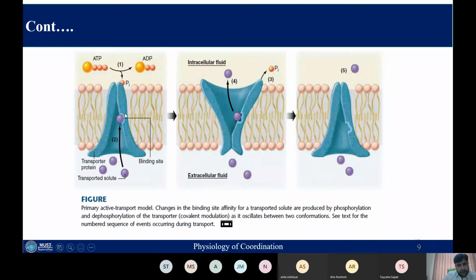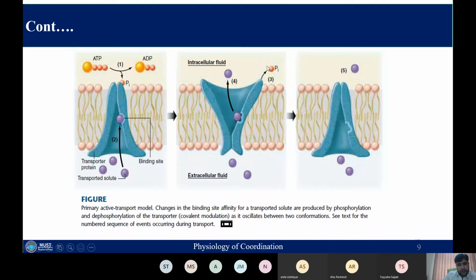When the phosphate is added, their affinity for binding the solute particles will increase, and they will show high affinity. Once they show high affinity, the solute will bind to the transporter protein and will be shifted towards the inner side.